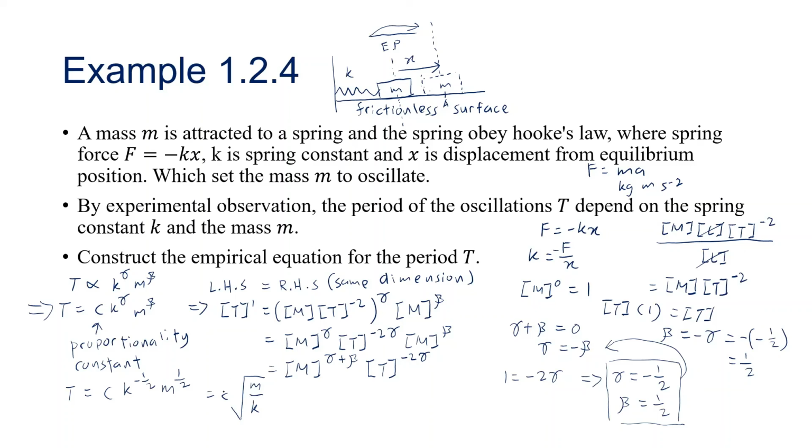For your information, although it is not important for now, this proportionality constant C actually equals 2 pi. You will see it in Semester 3, and it will be covered in a later video. So here we form a formula using dimensional analysis, using the concept that both sides of the equation must have the same dimension. We get T equals 2 pi square root of m over k.